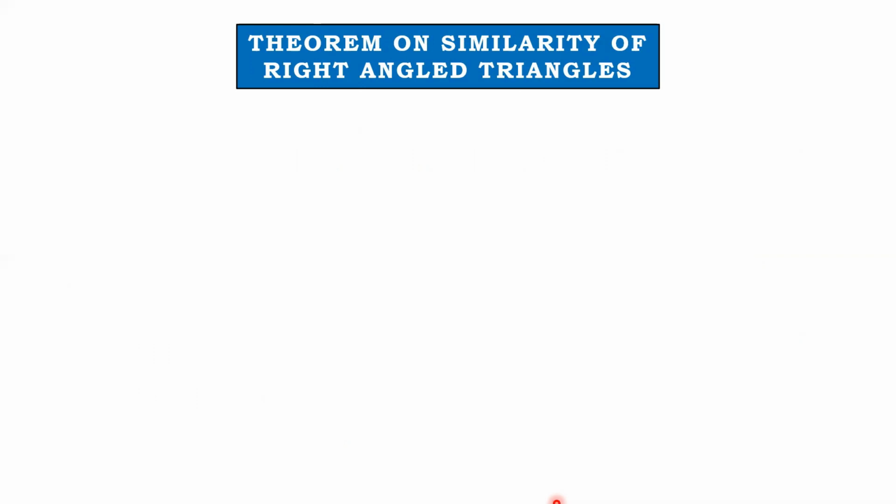I hope you all know the similarity chapter very well, and then we are studying the theorem of Pythagoras. Clear? So now you need to understand this theorem perfectly, only then can we study the theorem of Pythagoras.